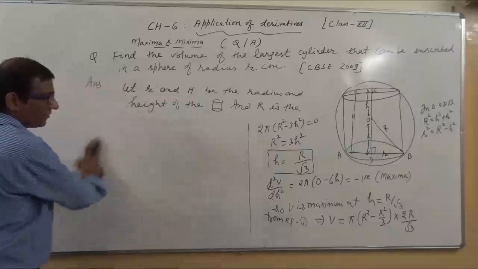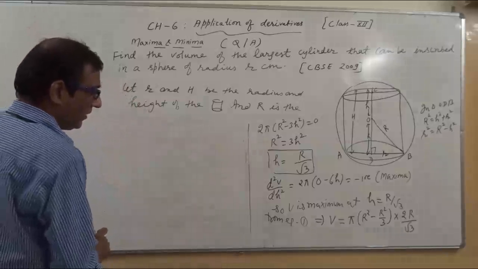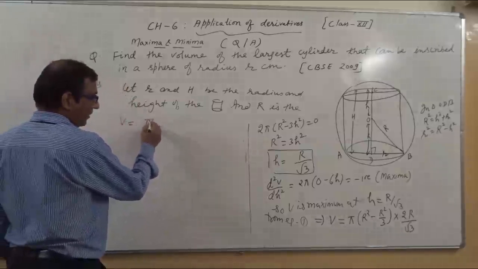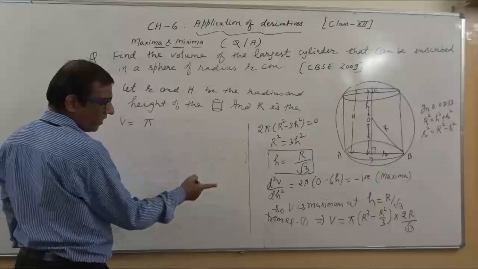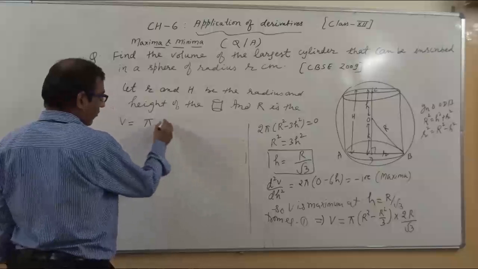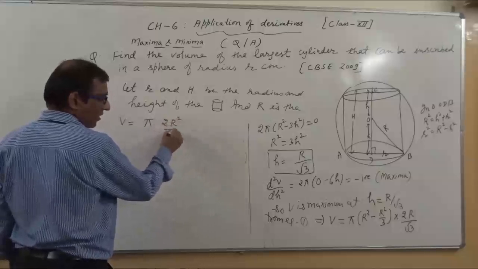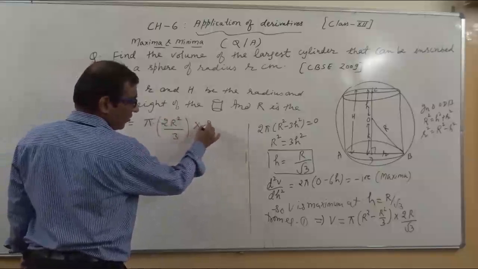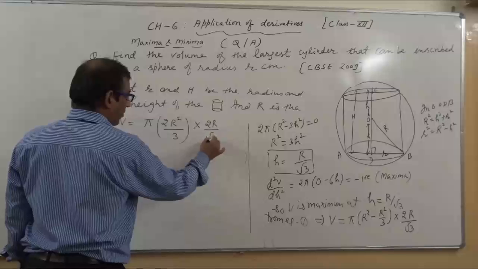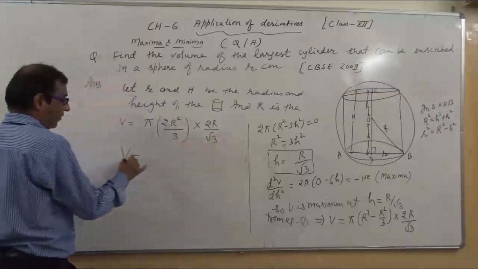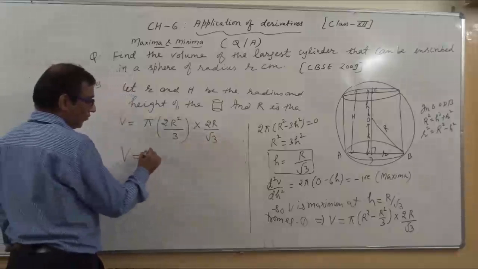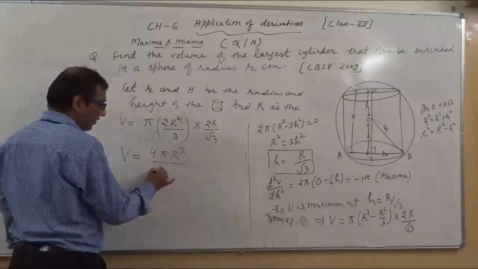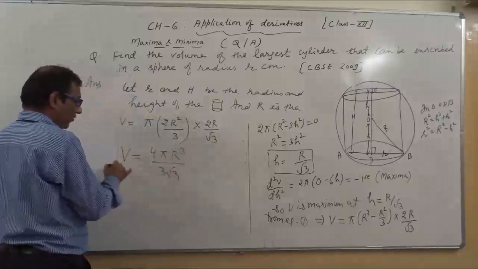V equals pi (3R square minus R square), so it becomes 2R square upon 3, multiplied by 2R upon under root 3. It means we can say V equals 4 pi R cube upon 3 under root 3.